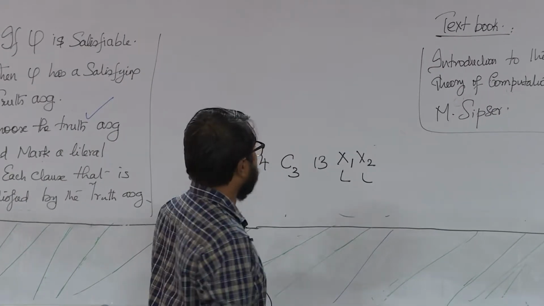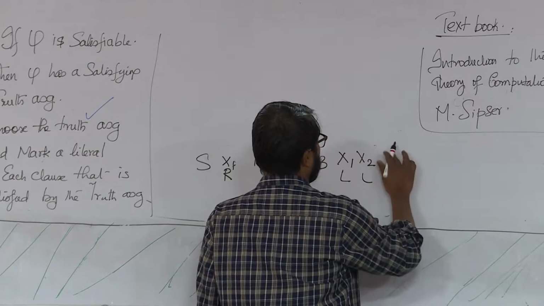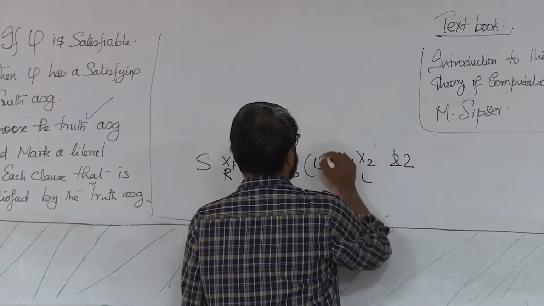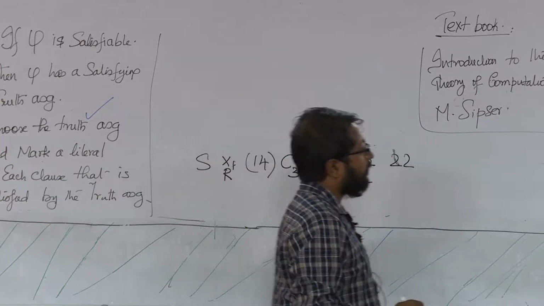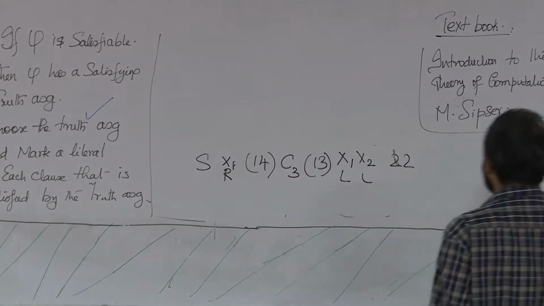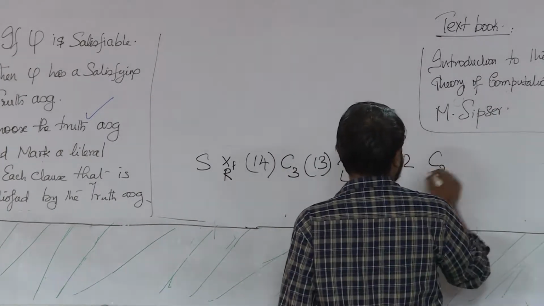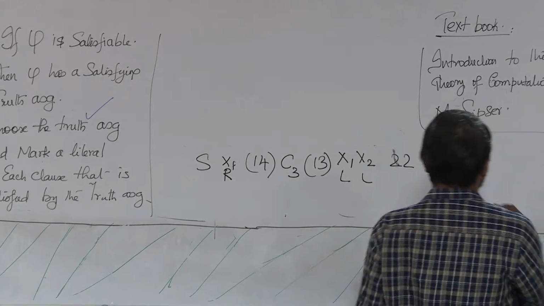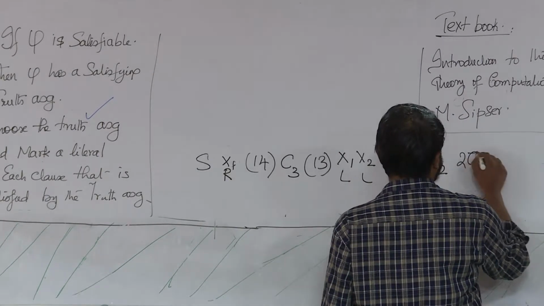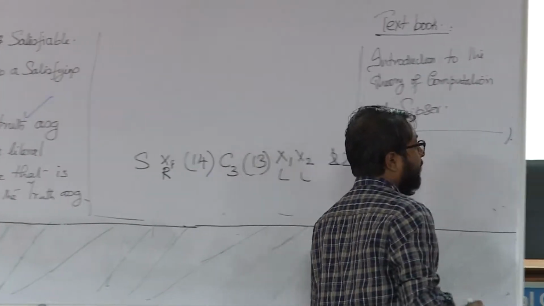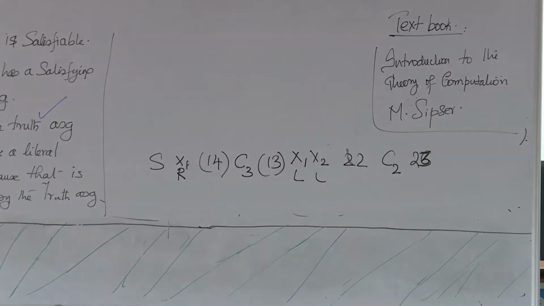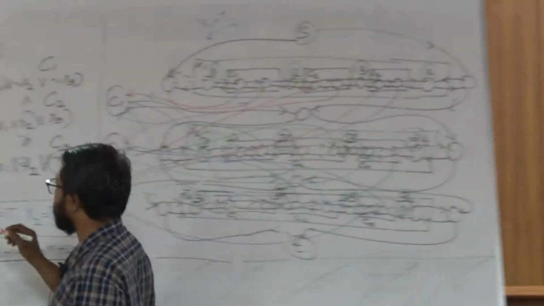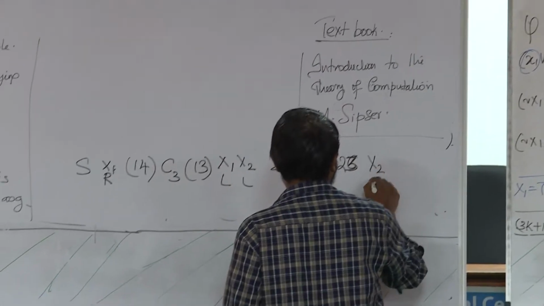Then you go up to 2 2. After that to C2. I'll cover C2 and come back to 2 3, right? Yes. And then we reach x2's end.